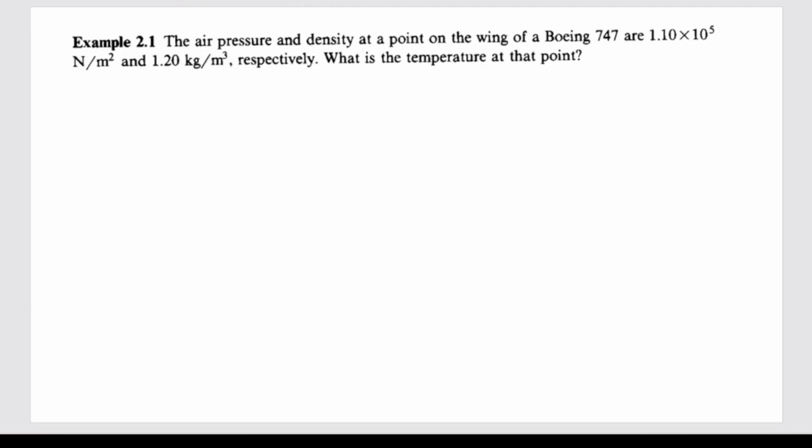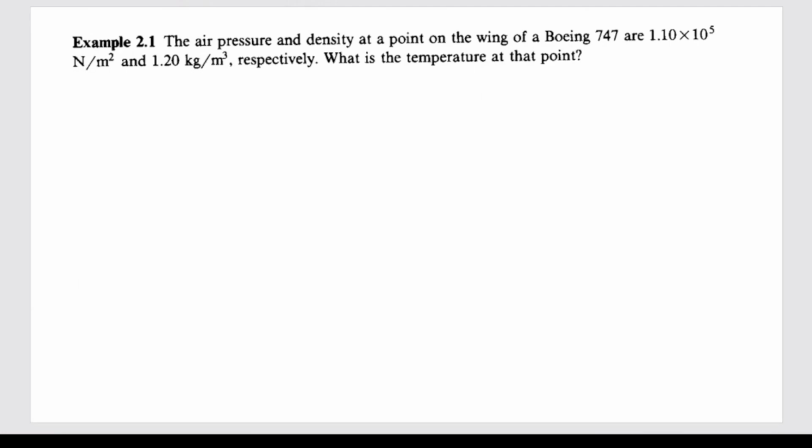So we have a sample here: the air pressure and density at a point on the wing of a Boeing 747 are 1.10 times 10 raised to 5 Newton per meter squared and 1.20 kilogram mass per cubic meter respectively. What is the temperature at that point?